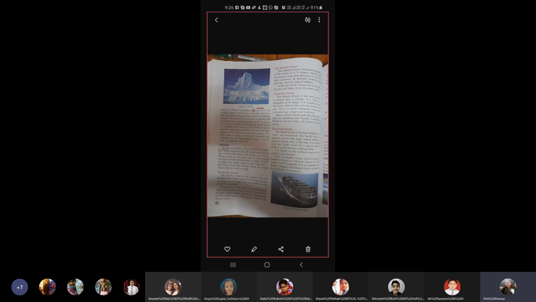And last but not the least, oceans have been a big and very prominent means of transport since ancient times.